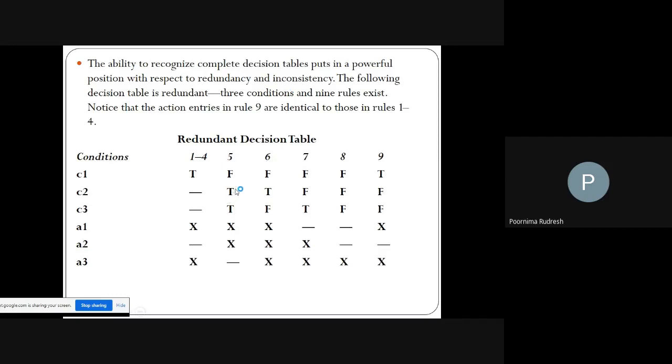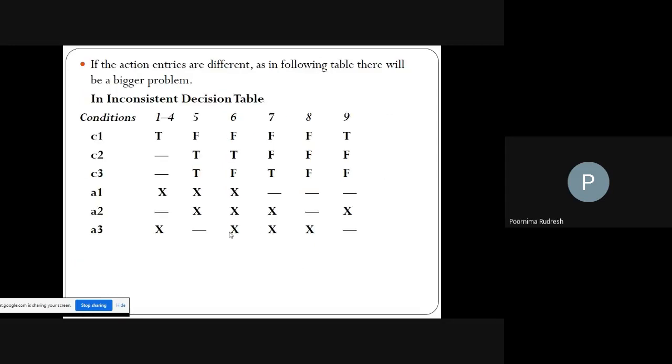If C1 is false, C2 and C3 are true, then actions A1 and A3 occur, right? But here, instead of A1 and A3, sorry, the same is there, A1 and A2 is there.